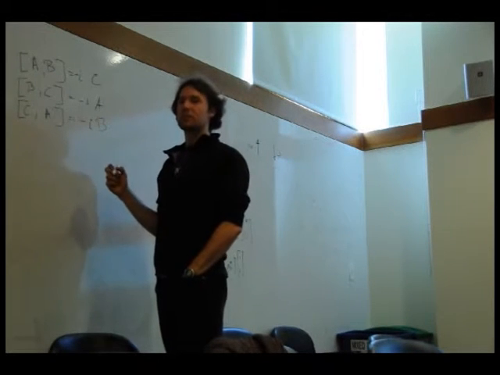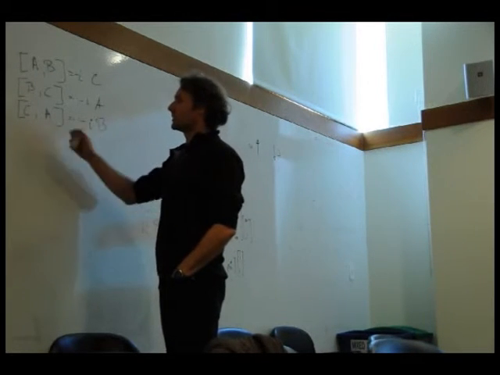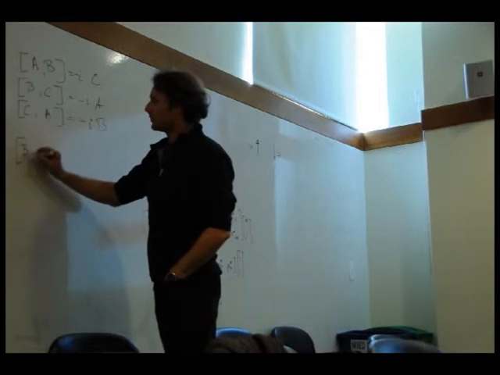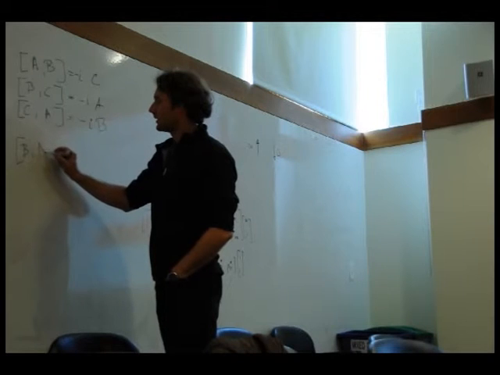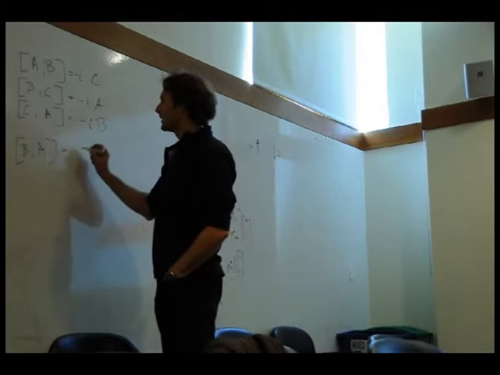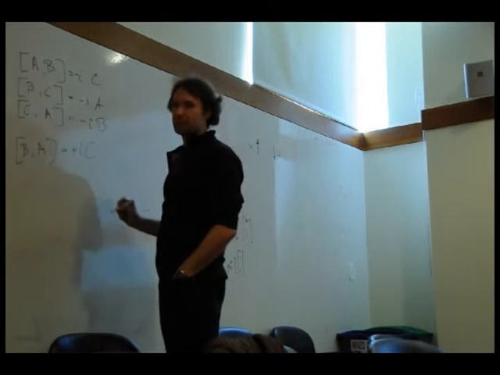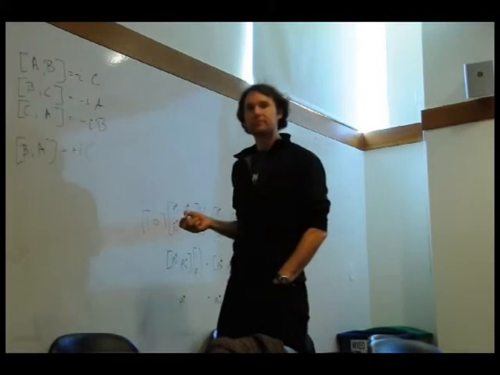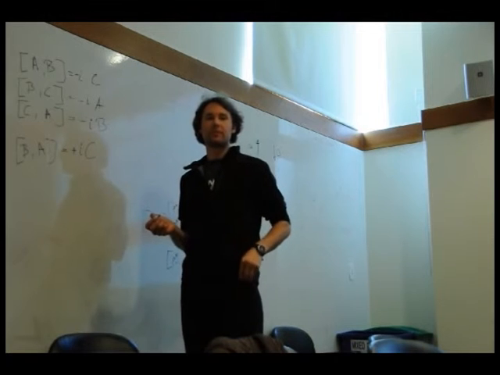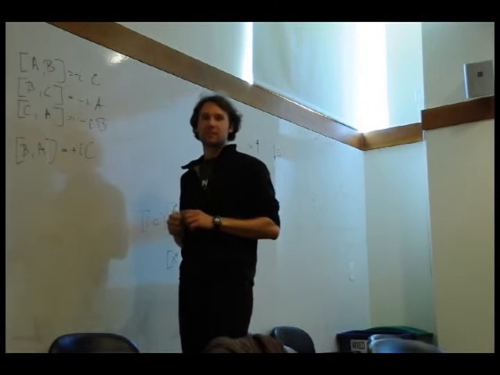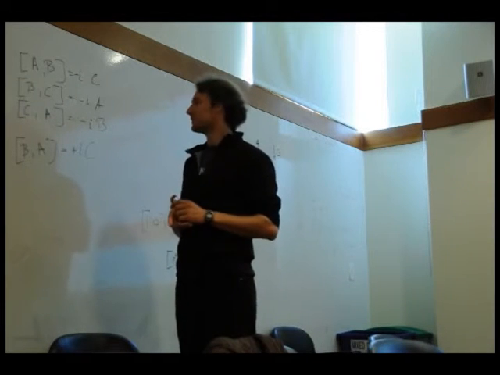Is it actually in general true that if you were to write this in a different order, say B, A, it is then equal to positive iC? Yeah, this is true because it's a commutation. The commutator BA equals minus AB by definition of the commutator. So it makes sense.